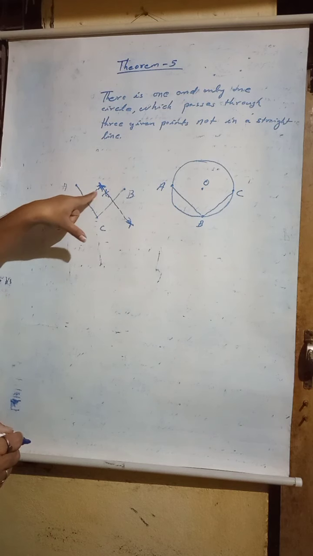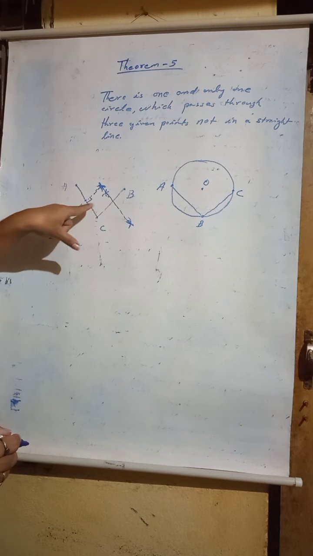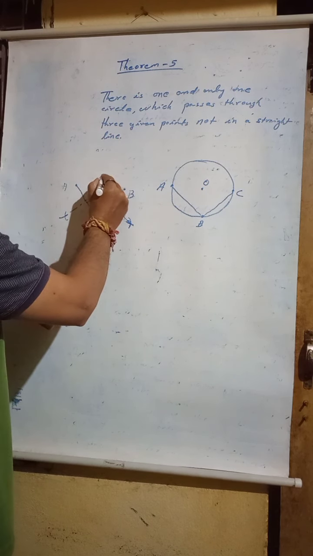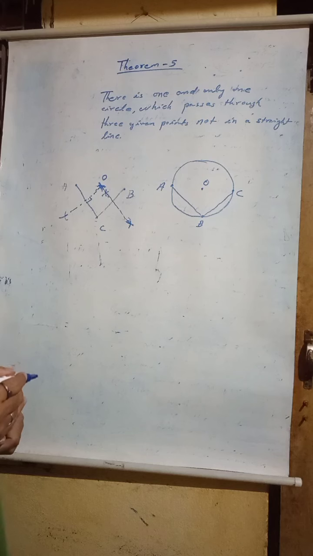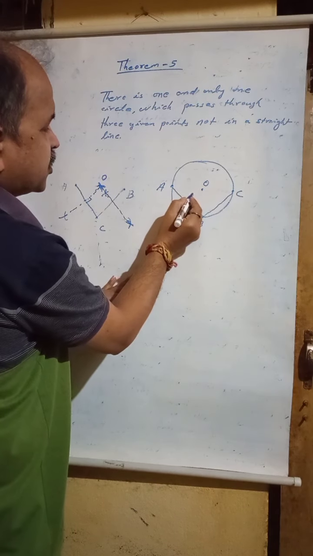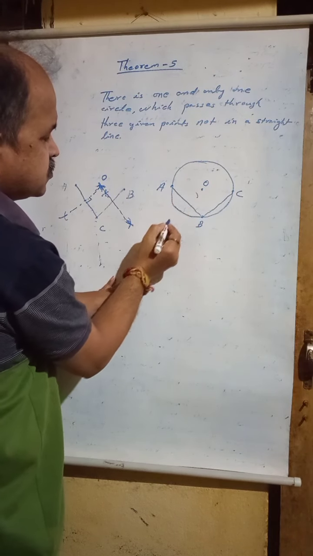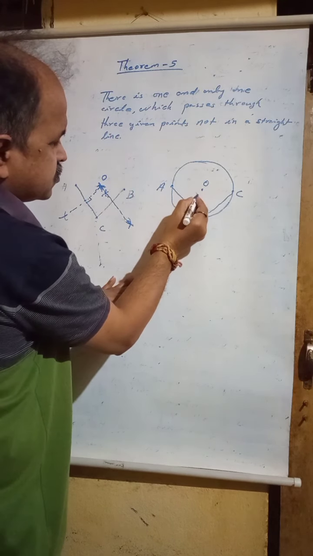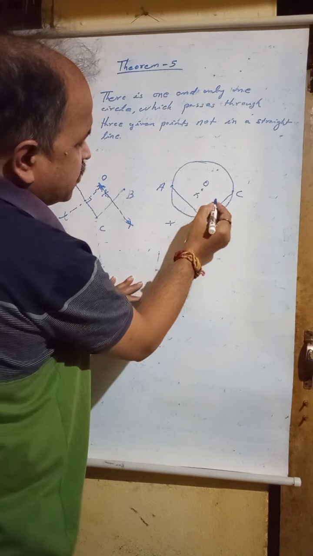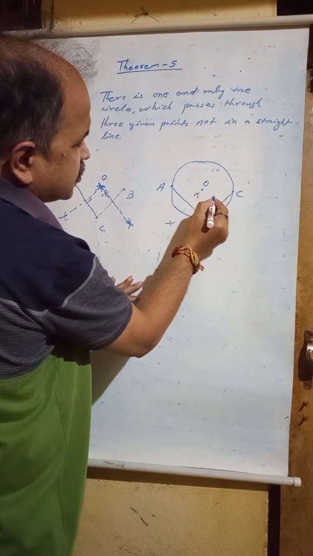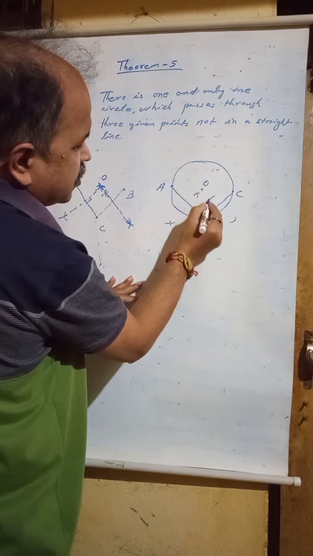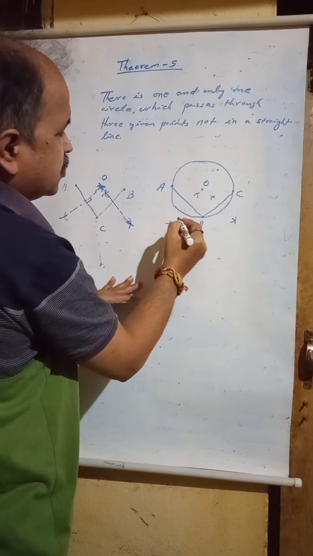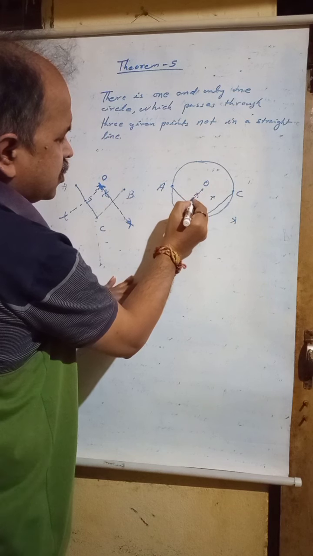The perpendicular bisectors of the lines AB and BC meet at a point. Let this point be O. So draw it here, the perpendicular bisector of this, then the perpendicular bisector of this. You can take the compass and do it accurately.